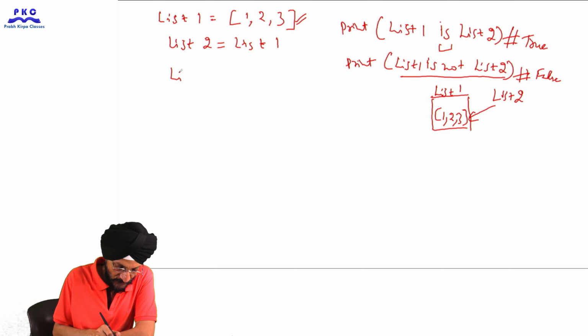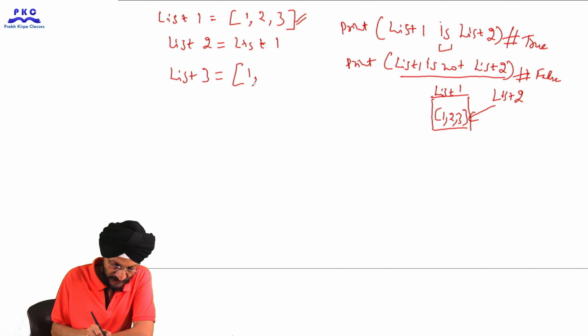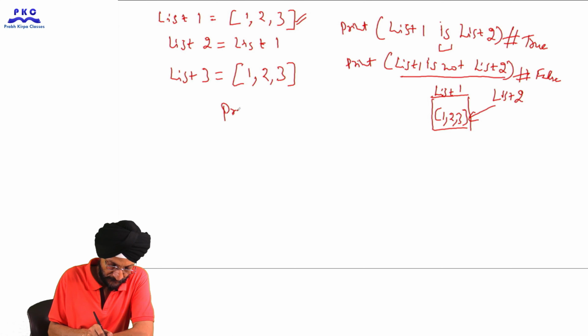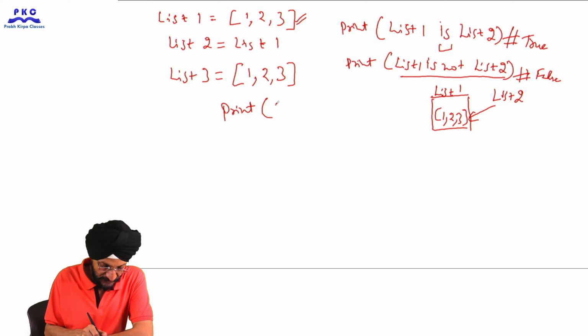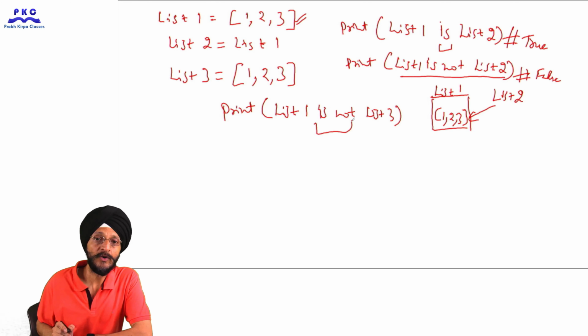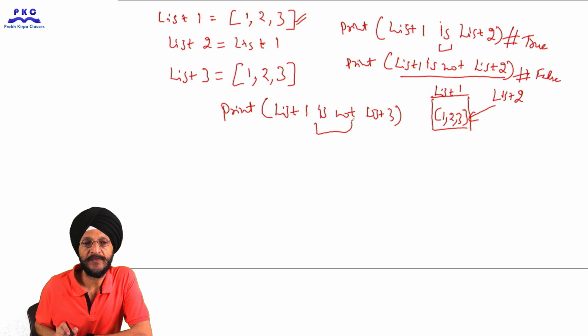Now we create another list, list 3, with the same information. Now we use the print function again and the is not operator. We will write print list 1 is not list 3.